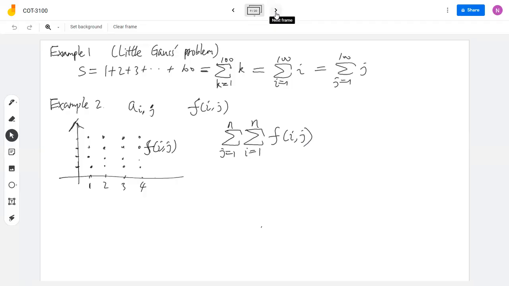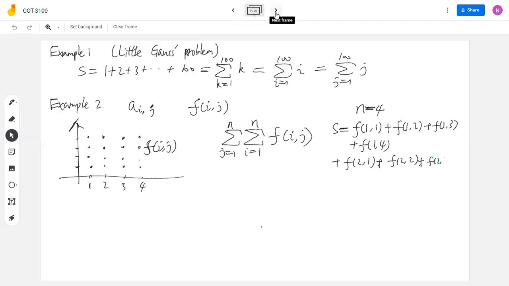For example, if n equals 4, that means I'm going to have f11 plus f12 plus f13 plus f14 plus f21 plus f22 plus f23 plus f24 and so on.